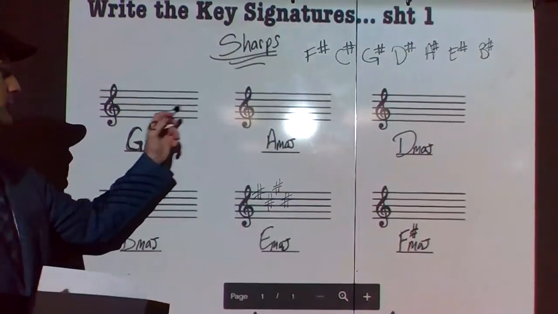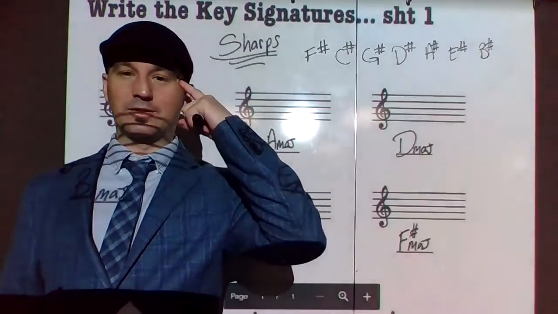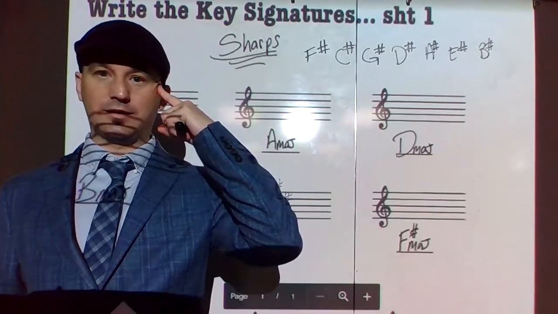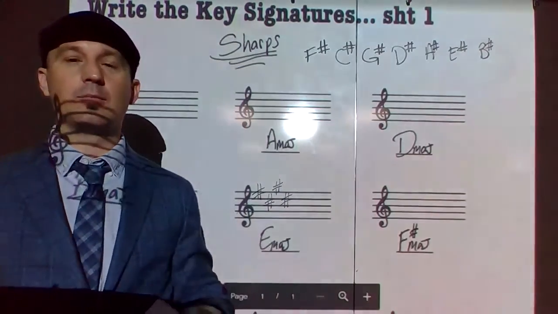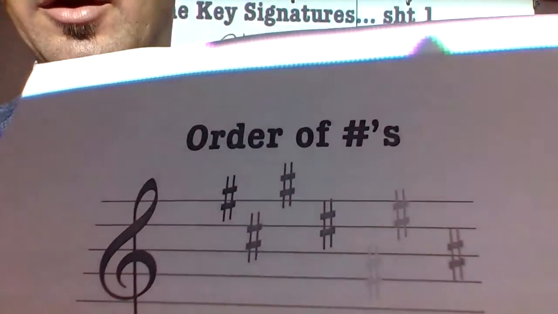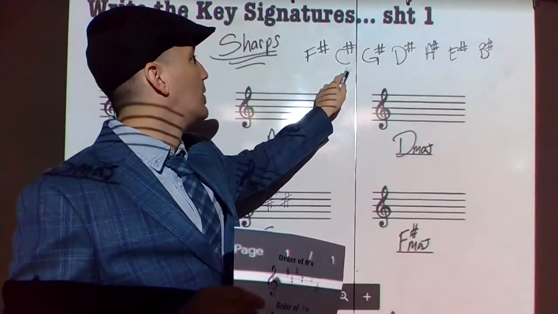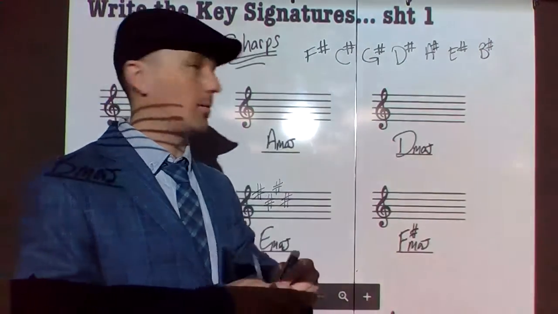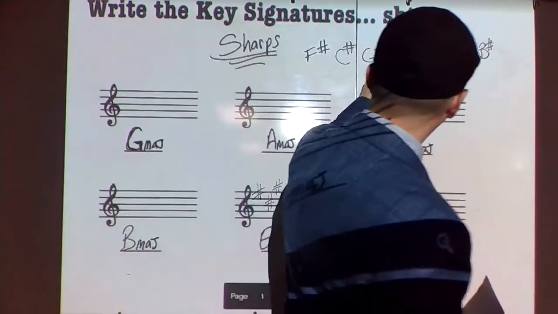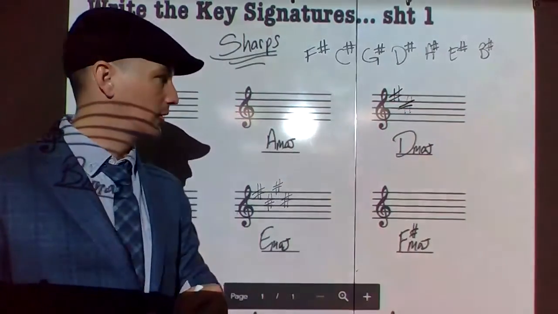Key of D major. D major. What's number 7? What's the letter that comes before D? C sharp. So we know that it and all that come before it are sharp. We refer to this. We know that there are 2 sharps in the key of D because number 7 and all that came before it are sharp. And they have to look like this. Okay?